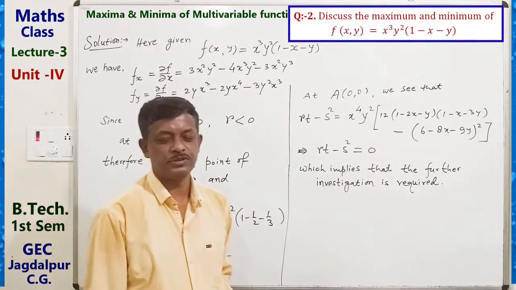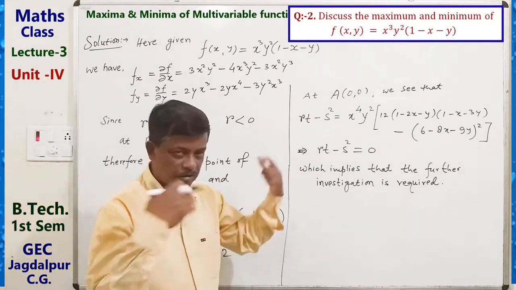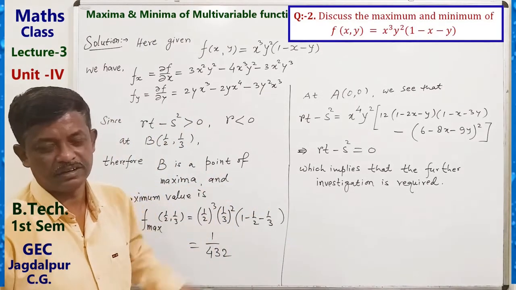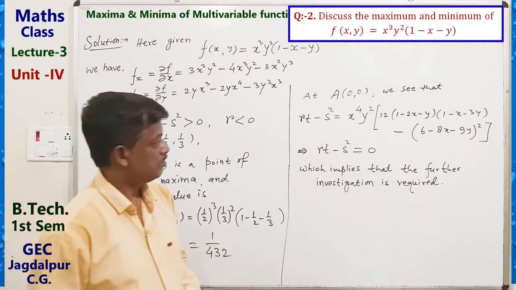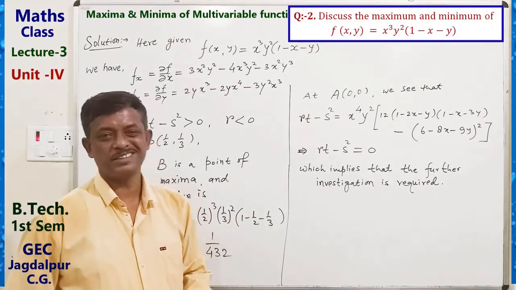In this type of situation, we can think in another way, except this method. Because at 0, 0, RT minus S square is equal to 0, so the case is doubtful.